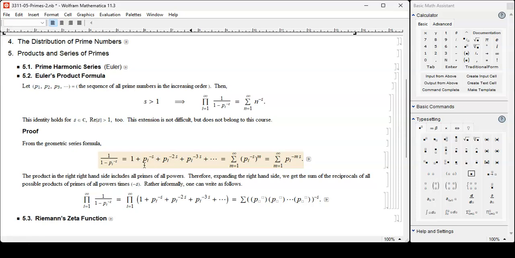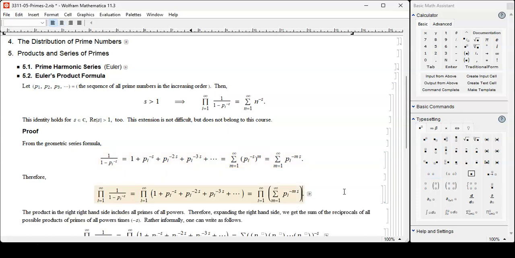The common ratio that is being multiplied over and over again is pi to the negative s power. And that's for 0 power, 1, 2 power, 3 power, 4 power. So we have a geometric series. So the inside of the product can be written as a geometric series. So what is this product then?